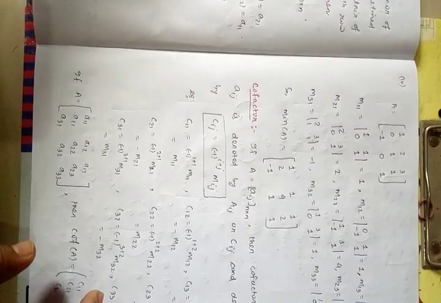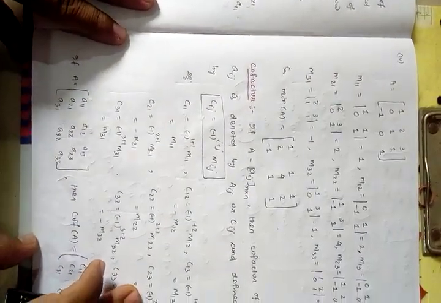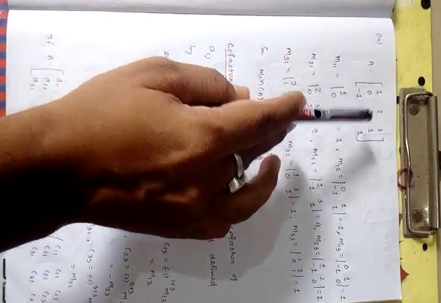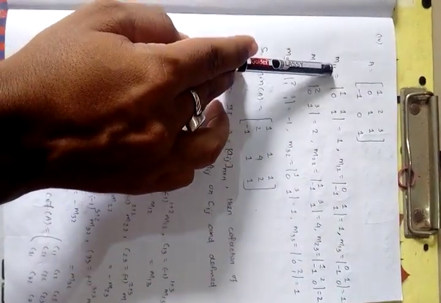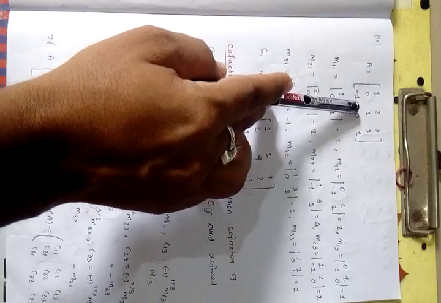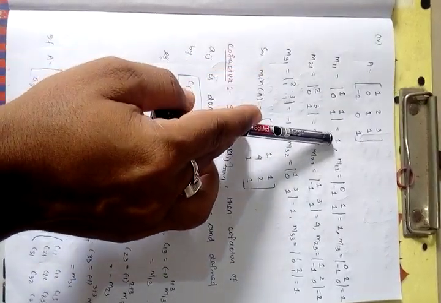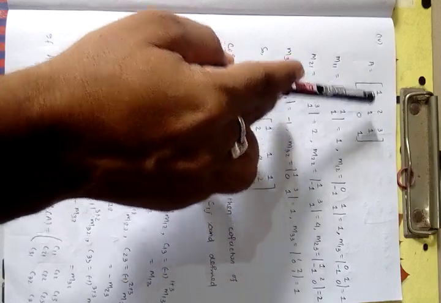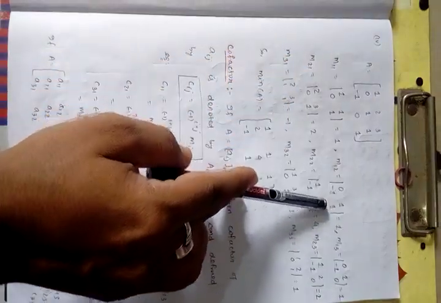Let us now consider an example of an order 3 matrix. Suppose you have to find the minor of the matrix A. To find M11, that is the minor of this element 1, we delete the first row and first column. The remaining submatrix is 1 1, 0 1 and its determinant is 1. Similarly, for M12, we delete the first row and second column. The remaining entries are 0 1, minus 1 1 and its determinant is 1.